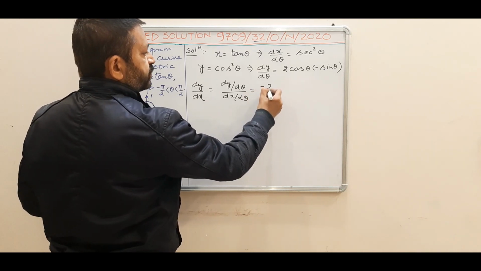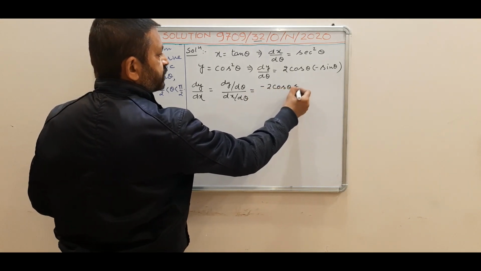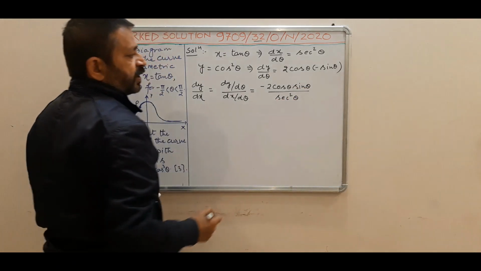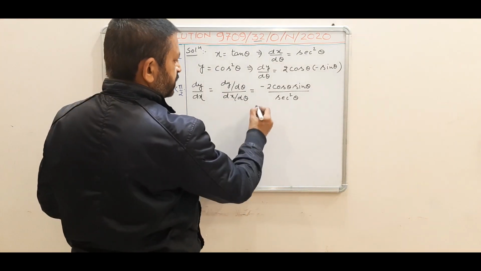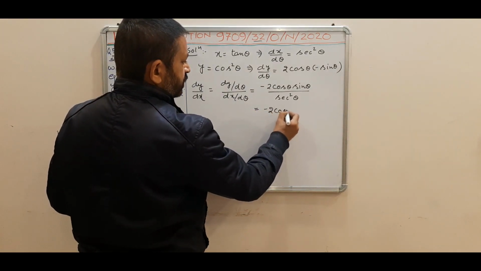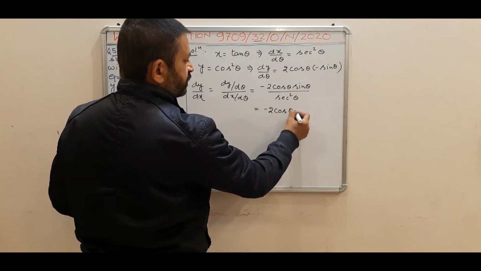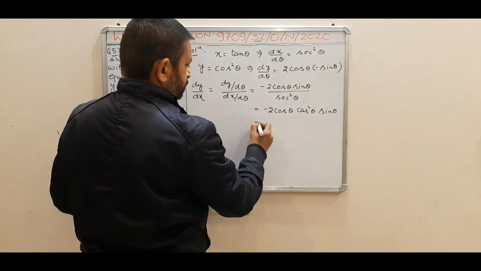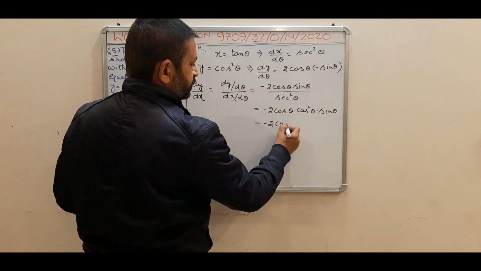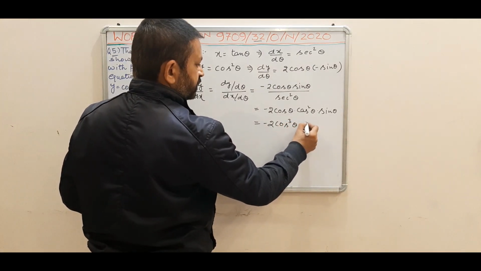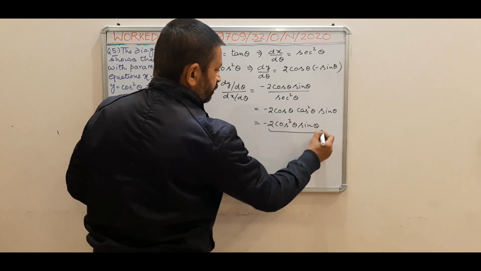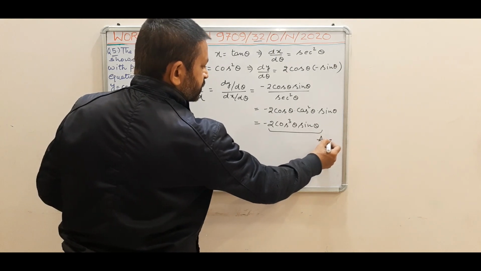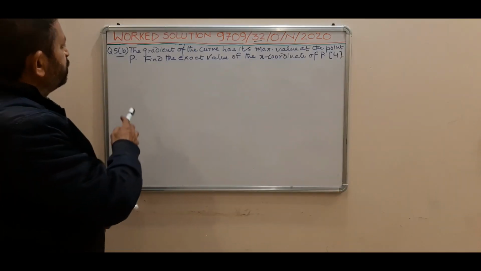It will give minus 2 cos theta sine theta upon sec square theta, and 1 upon sec square theta is cos square theta, so it becomes minus 2 cos theta and cos square from the denominator into sine theta, which becomes minus 2 cos cube theta sine theta, and this was required. So the gradient is this.